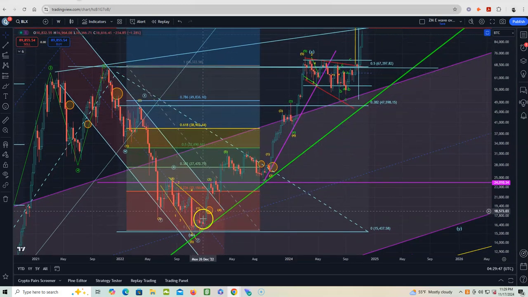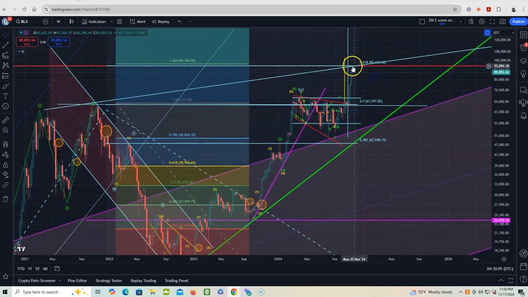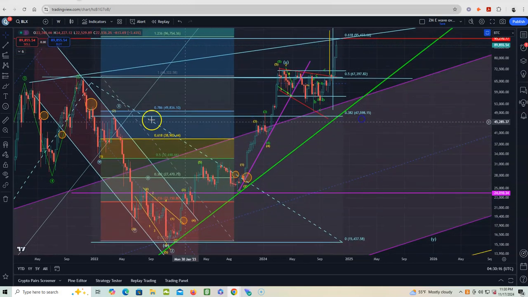This now becomes a W, and as a WXY macro degree wave W. This becomes a 1, 2, 3, 4, 5 macro degree X. Notice we are at the level where the limit for the X or B wave can go to, making this a macro flat WX, which I believe to be currently, and then potentially a Y back down.